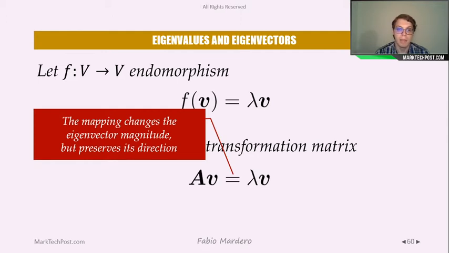Again, the mapping changes the eigenvector magnitude, but preserves its direction, because here lambda is a scalar, a real number. It doesn't change, we can say, the form of v.